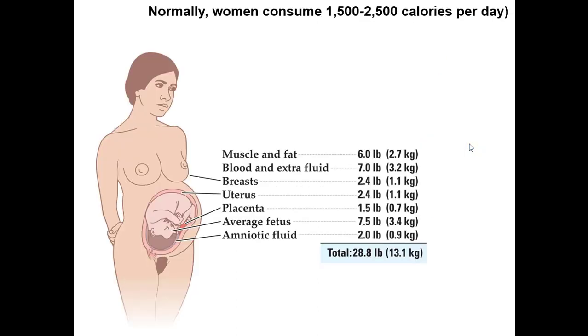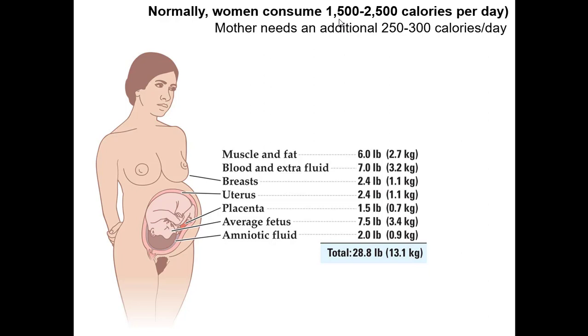Now, during an established pregnancy, there's a misconception on how many additional calories women should consume. Normally, women consume about 1,500 to 2,500 calories per day. And it's not as if women should double that number during an established pregnancy. The mother needs an additional 250 to 300 calories per day upon an established pregnancy.